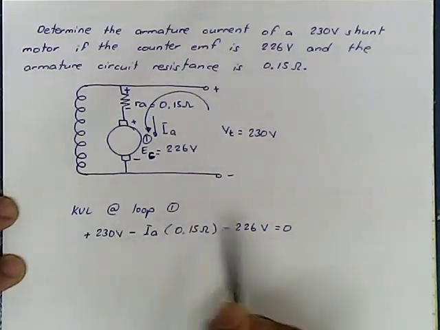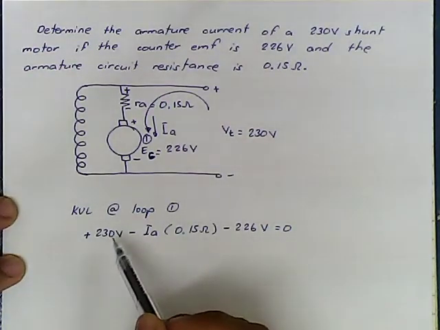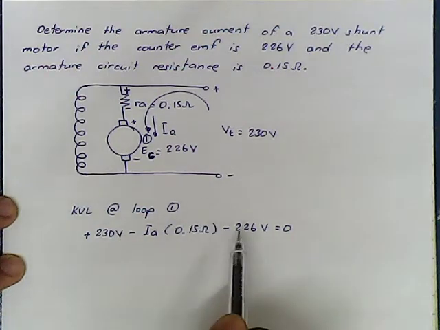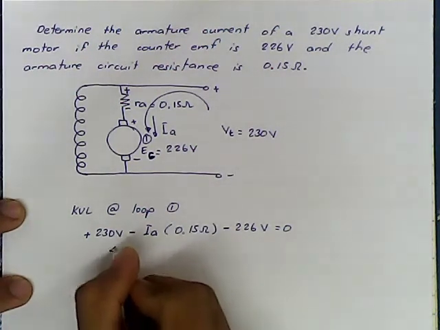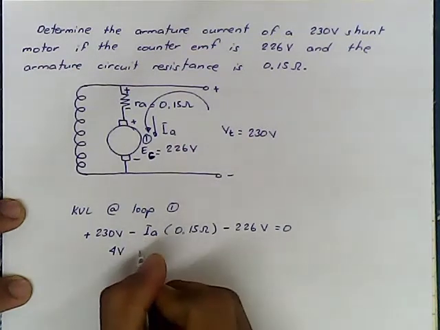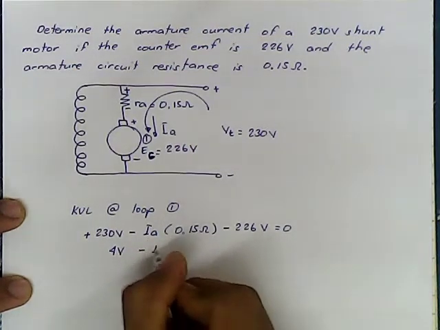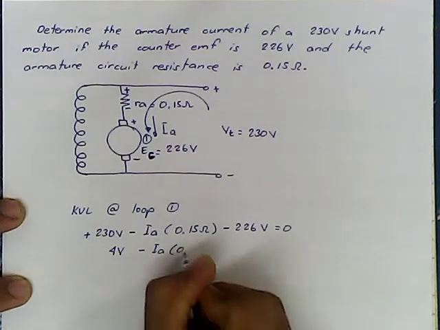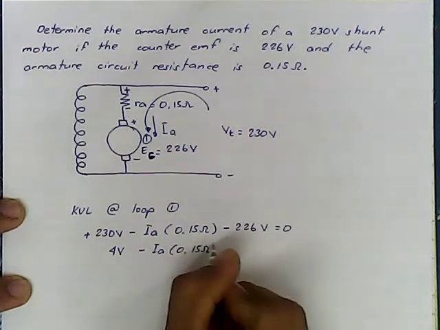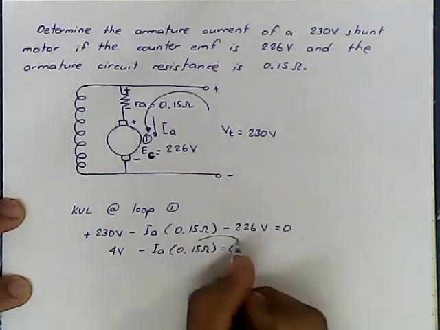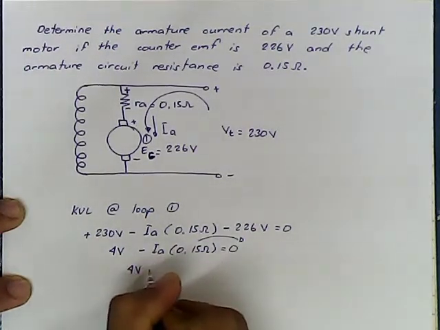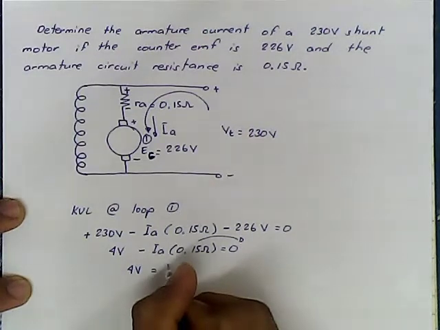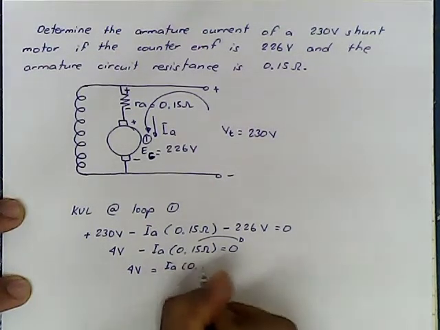Now, let's first get the value here: 230 volts minus 226 volts will give us 4 volts. So 4 volts minus IA times 0.15 ohm equals 0. Let's transpose this to the other side. We have 4 volts equals IA times 0.15 ohms.